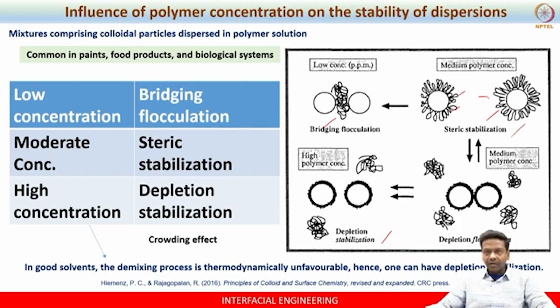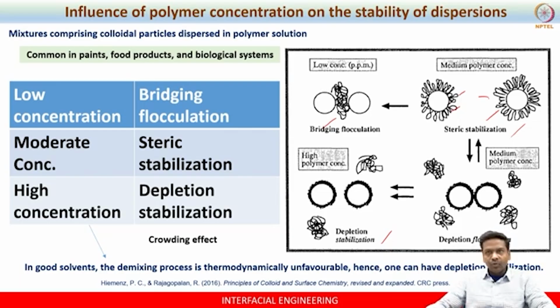On one hand, we saw that there is something called depletion attraction, that is due to non-adsorbing polymer molecules. The depletion stabilization is because of the adsorbing polymer molecules. This happens in a good solvent, because in a good solvent the demixing process is thermodynamically unfavored, right? So hence you can expect depletion stabilization, because here the polymer molecules will have good affinity between themselves and the particle surface.